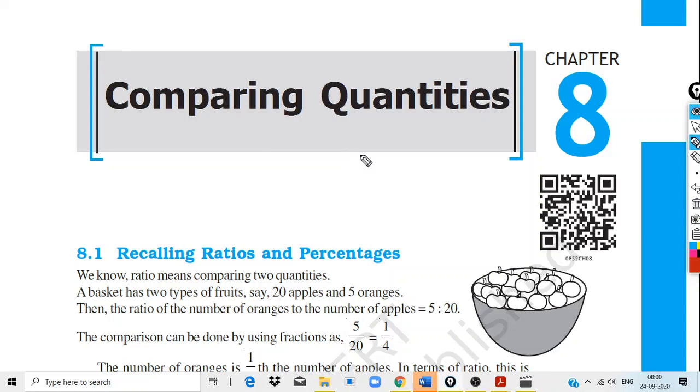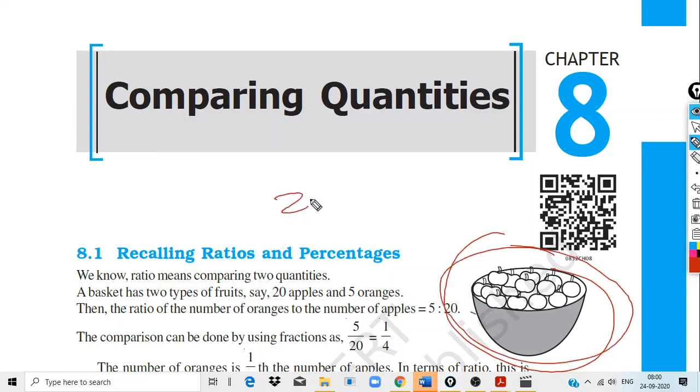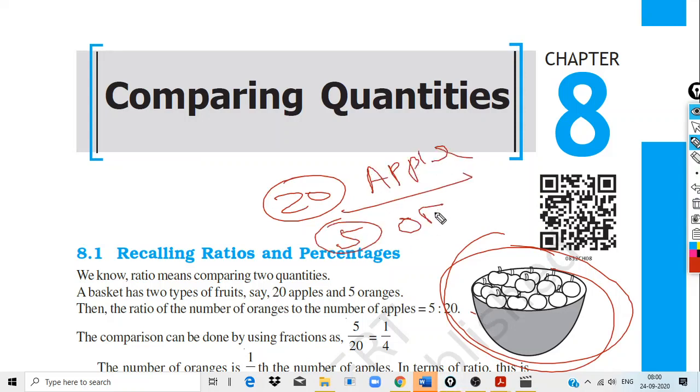So today we are going to discuss comparing quantities. Okay, we will take one example here. Suppose we take a bucket of fruits in which 20 apples and 5 oranges are there.